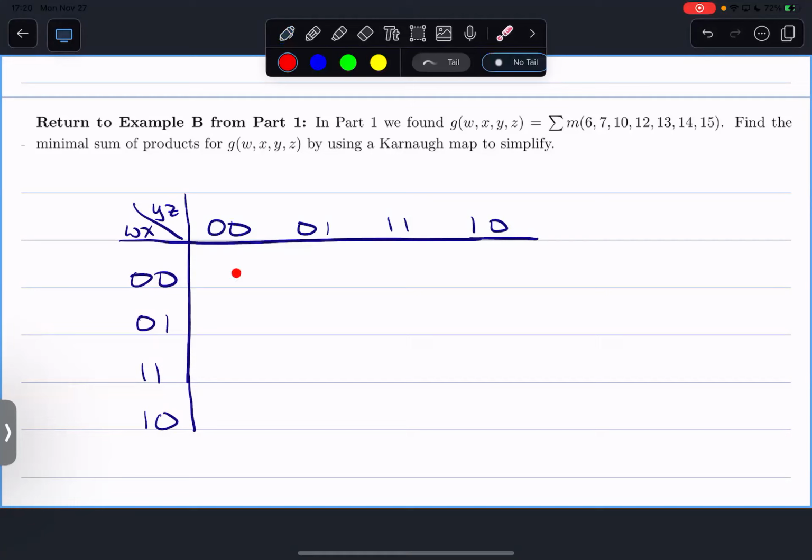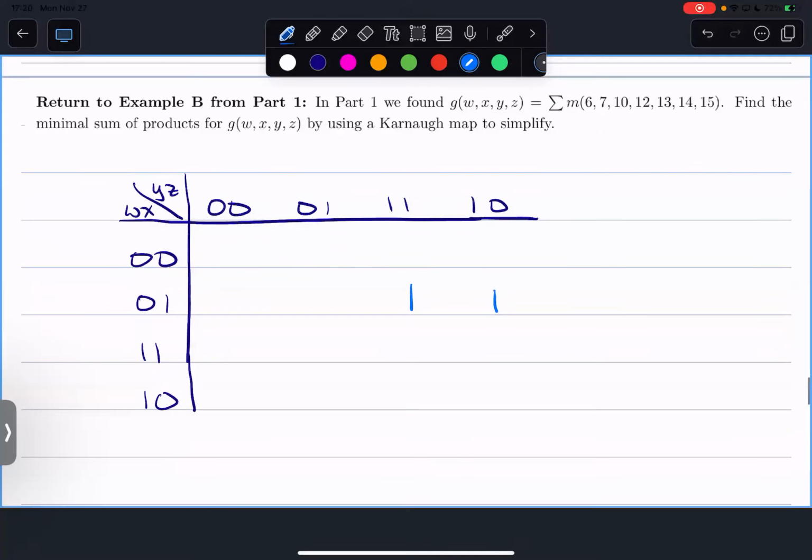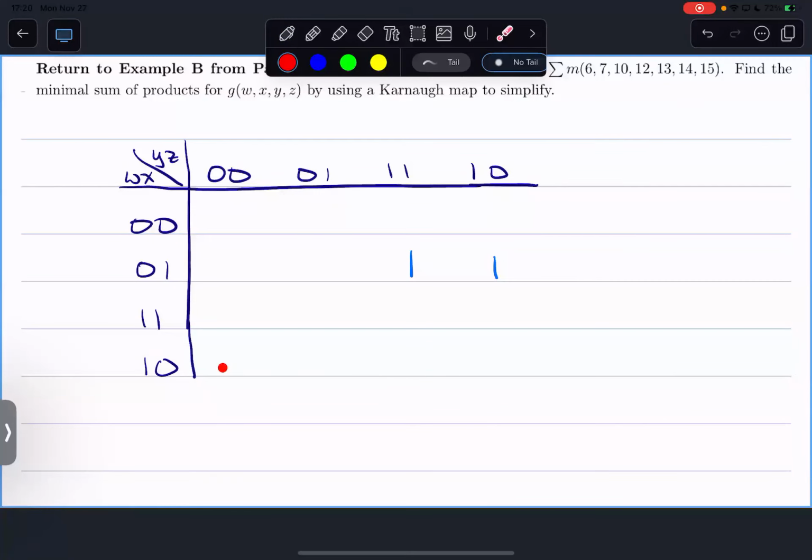I'll use my pointer. 0, 1, 2, 3, 4, 5, 6 I have, 7 I have, 8 starts down here. I don't have an 8, I don't have a 9, I have a 10. I don't have an 11, but I do have a 12, 13, 14, 15. Nice.